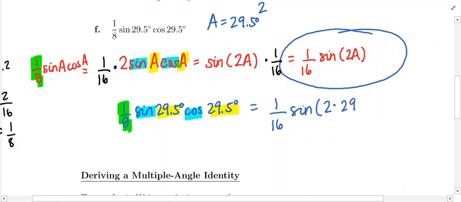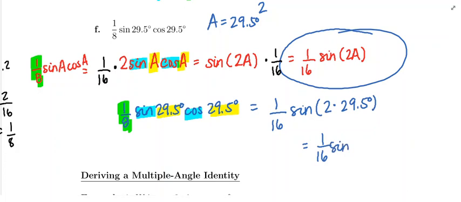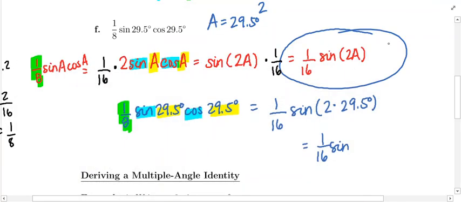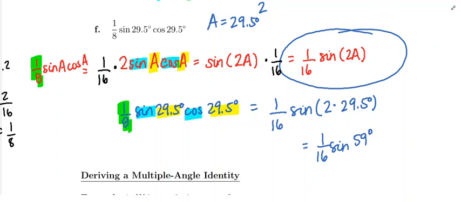A is 29.5 degrees, so 29.5 times 2 gives us 59. So we end up with this strange answer, 1/16 times the sine of 59 degrees.